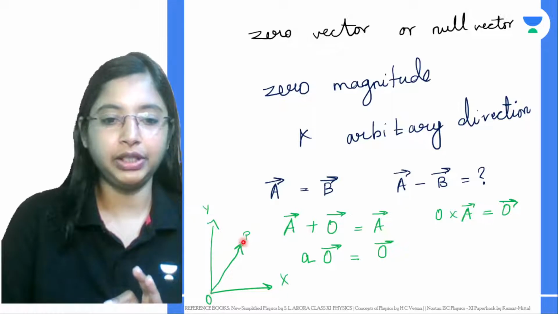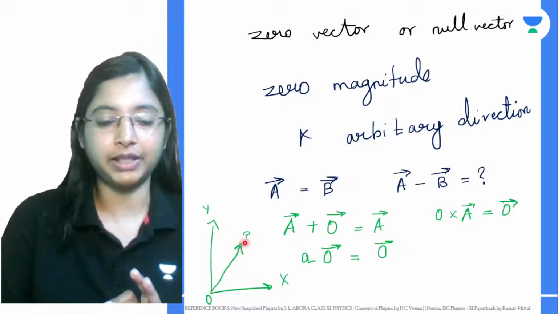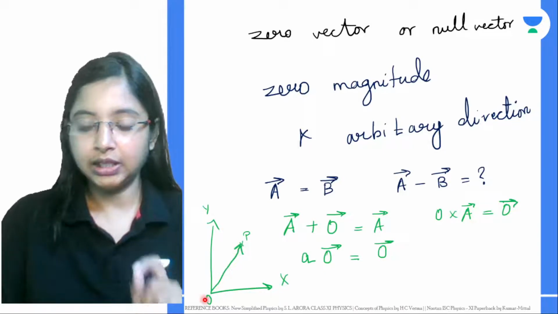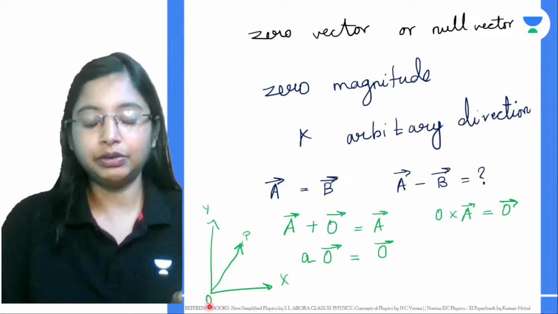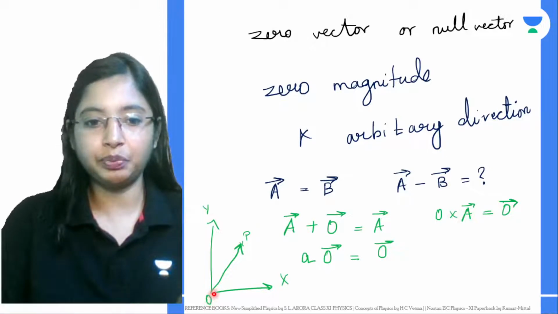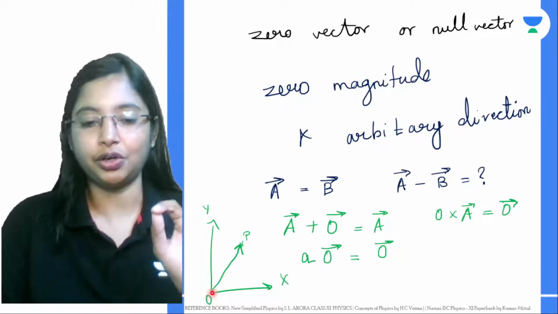From the initial point, it shows how much it has got displaced to this point. Now, the position vector of the point lying at the origin, which is not starting from anywhere, that initial point is called a zero vector.